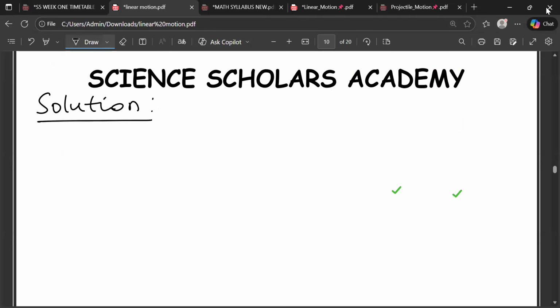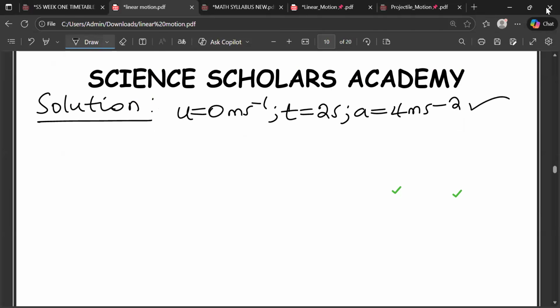You're supposed to say that your U is 0, put the unit, then say your T is 2 seconds first, then the A, they gave us 4. No one marks this summary, so even if you leave out units. We have agreed that it is the second equation that will work. You can write it or ignore it. They are there in the logbook.